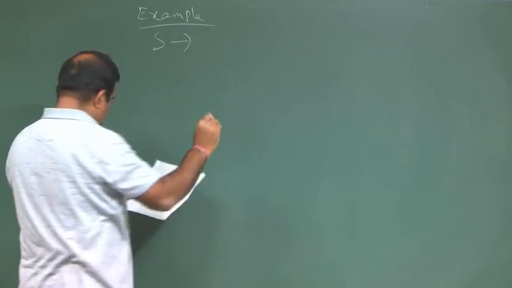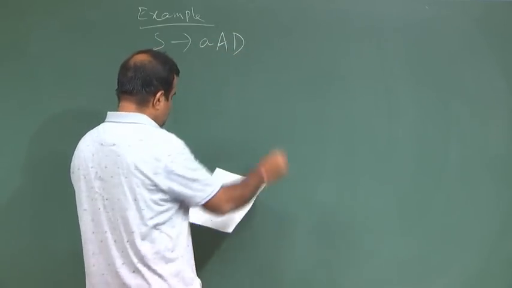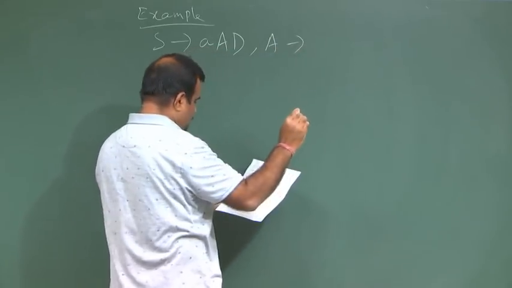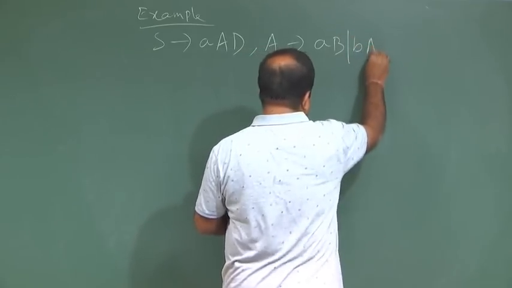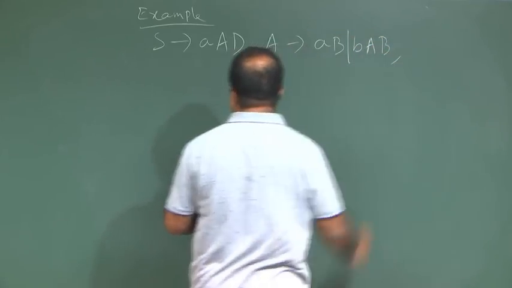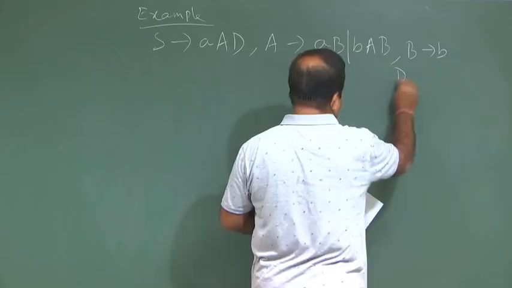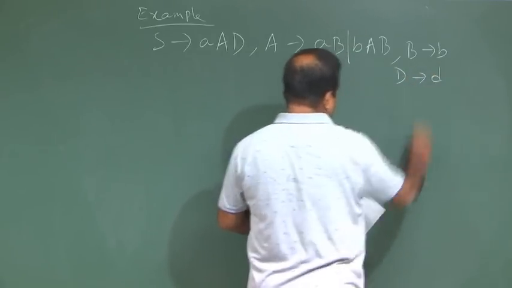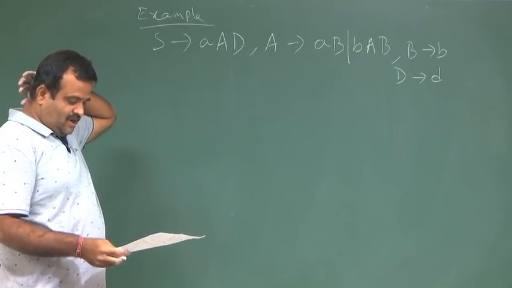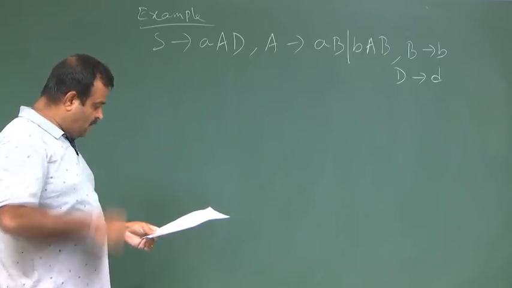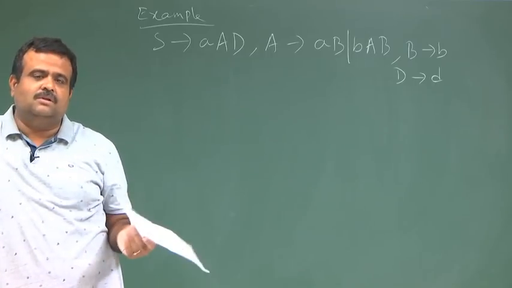Okay, suppose we have the grammar like this. S is going to AD, A is going to AB or BAB, B is going to B, and D is going to D. So, this is the grammar, and we have the corresponding variables S, A, B, D. First we have to remove the null and unit productions, because that is the redundancy.